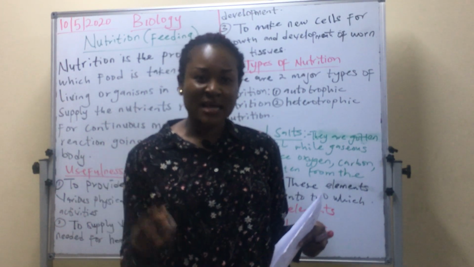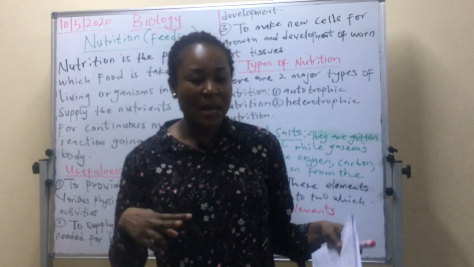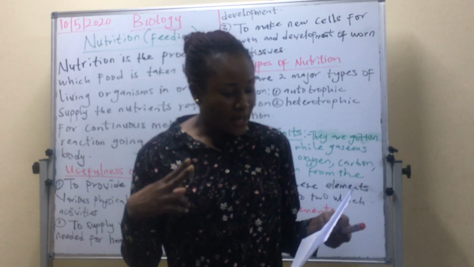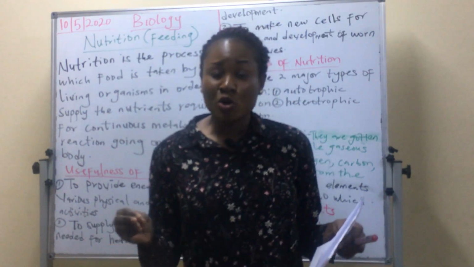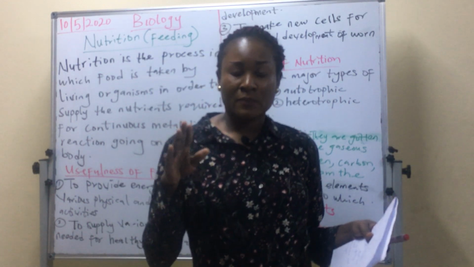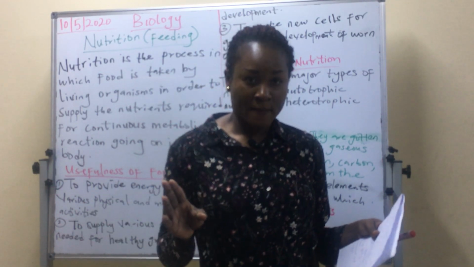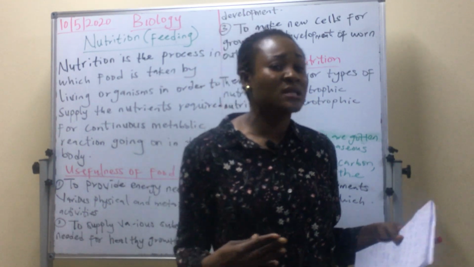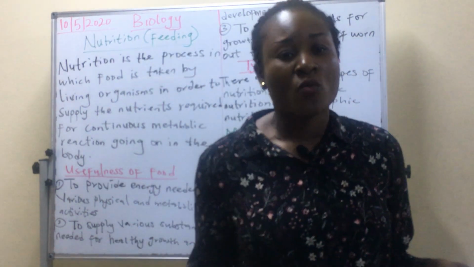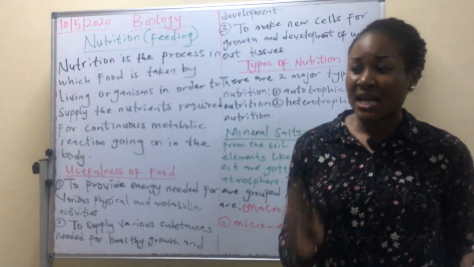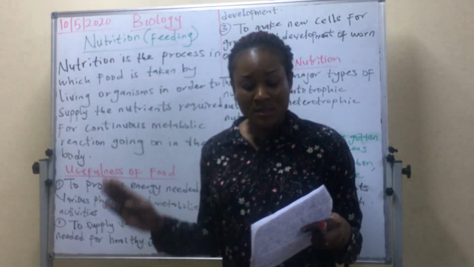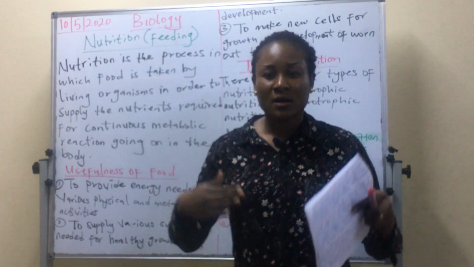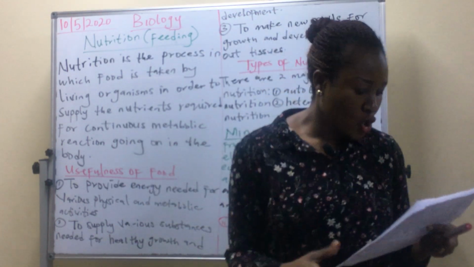Remember that glucose is the simpler form of sugar, and starch gives glucose. So in anabolism, in the body of a living organism, starch is being made complex from glucose.